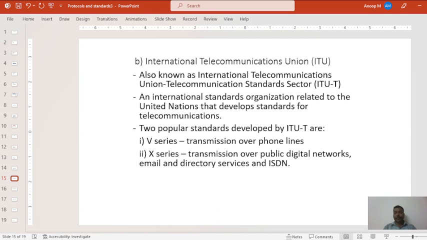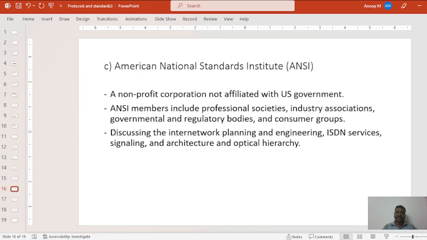All these things come under ITU, the International Telecommunication Union standards, which is related to the United Nations and develops the standards for telecommunication. The next one is the American National Standard Institute, which is affiliated to the US government. The professional societies, industrial associations, government and regulatory bodies as well as consumer groups are included in ANSI.